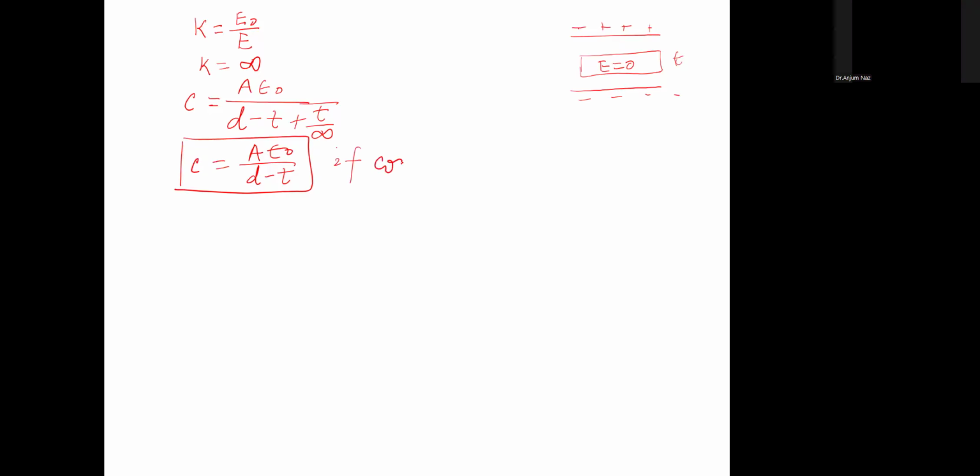If no plate is introduced, the capacitance of the capacitor of plate area A and separation d is given as C is equal to A epsilon naught by d.